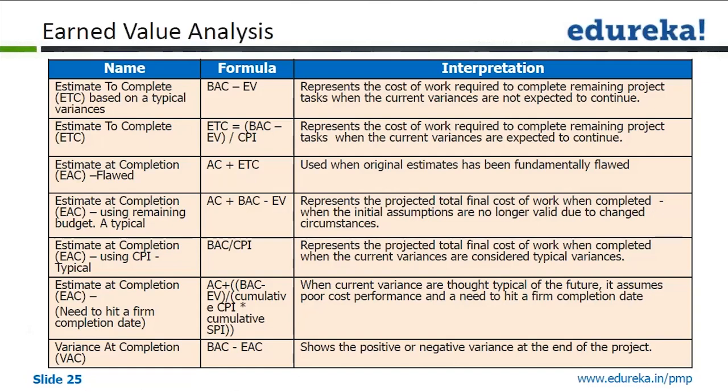Now you have to calculate what is estimate at completion. That means what is your final figure that is going to come. So actual cost plus estimate to completion will give you what will be the total cost of the project as opposed to what you have budgeted.